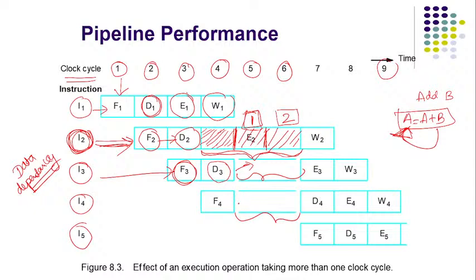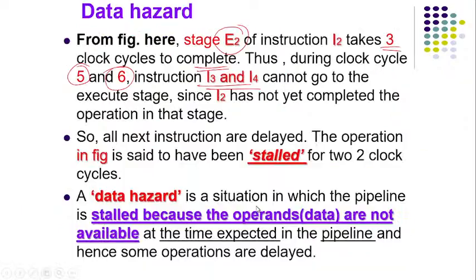And the I4 instruction cannot go to the decoding stage. Why? Decoding में कौन है अभी? I3 instruction है, in the decoding I3 instruction is there. So this decoding unit is not free, so I4 instruction cannot go to the decoding stage.